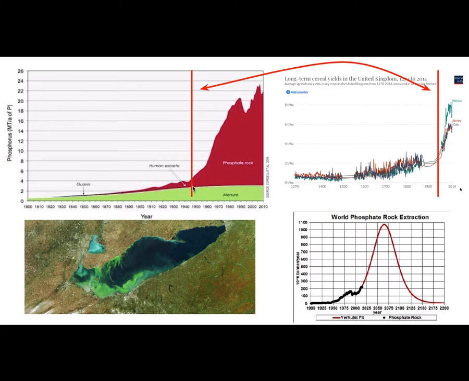And at the same time that we really began to increase our phosphate use in terms of rocks, the productivity of wheat, barley, and oats really skyrocketed. So this is the beginning of what we call the Green Revolution in agriculture, where new fertilizers really allowed us to grow a lot more food on the same amount of land, which allows us to feed a lot of people. The problem, though, is that phosphate, unlike nitrogen, can't be synthetically manufactured.